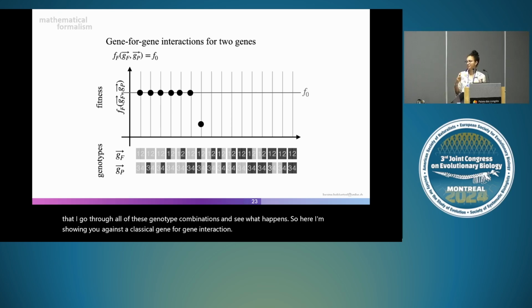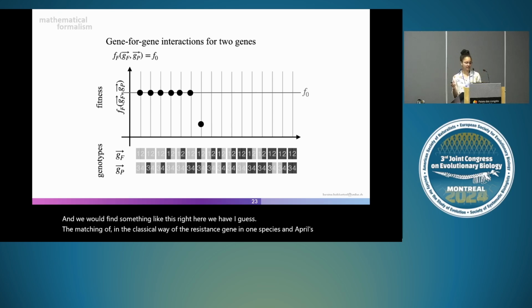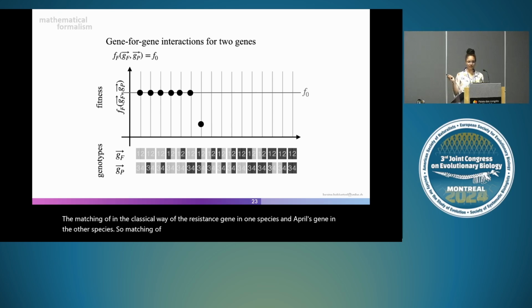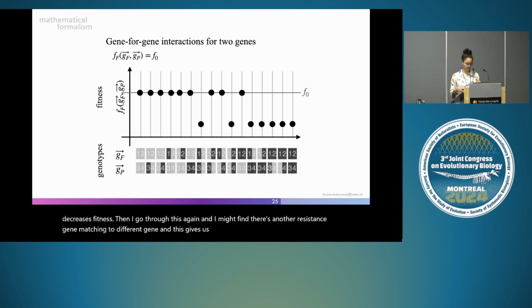And then we would find something like this, where we have the matching, in the classical way, of the resistance gene in one species and the avirulence gene in the other species. So matching of gene 1 to gene 3 in the other genome. And this decreases fitness. Then I go through this again, and I might find there's another resistance gene matching to a different avirulence gene. Then this gives us this fitness pattern.